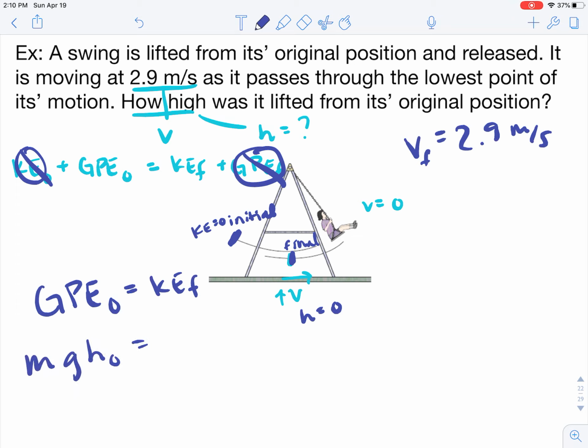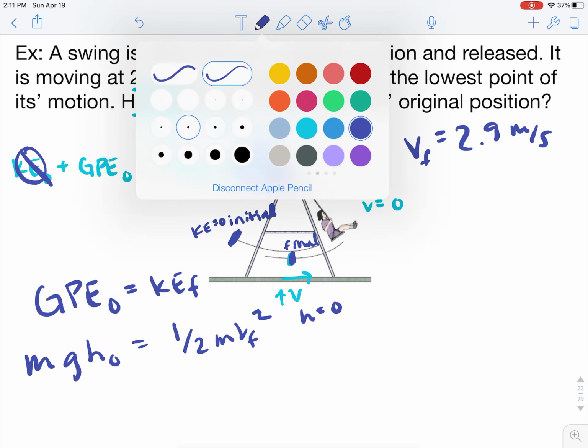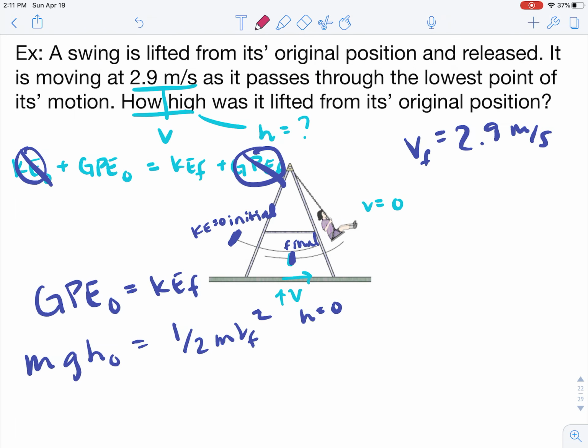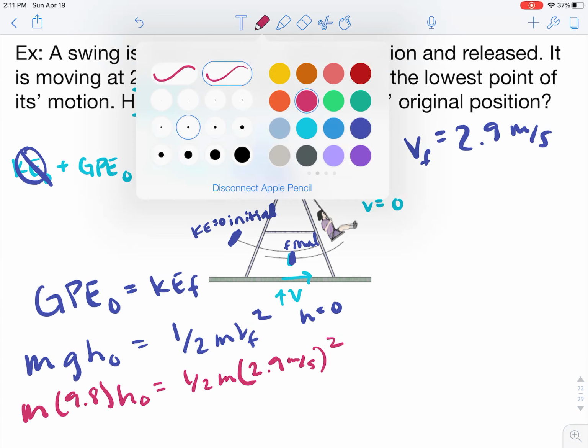So I'm going to go ahead and write out this equation because this seems kind of scary. It's 1/2 mass times final velocity squared. If I go ahead and plug stuff in, you're going to see that I'm missing something. I am looking for my height initial, and I know my final velocity is 2.9, but this problem does not tell me the mass of the swinger. But look at what I just wrote down. Do I need to know the mass of the swinger?